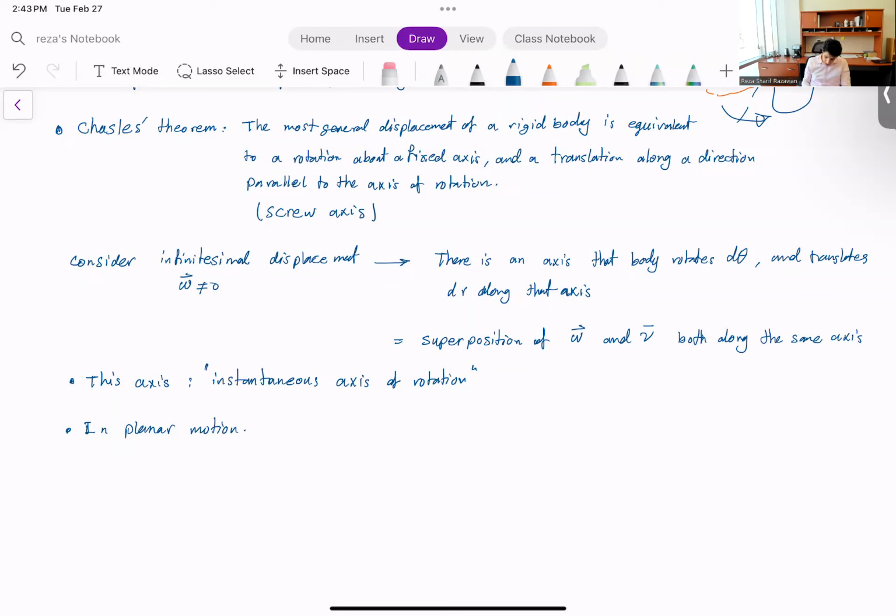Anyways, in a planar motion, if you have omega, it is always perpendicular to the plane of motion, and the velocity of your body is always in that plane. So you don't have any velocity along the axis.